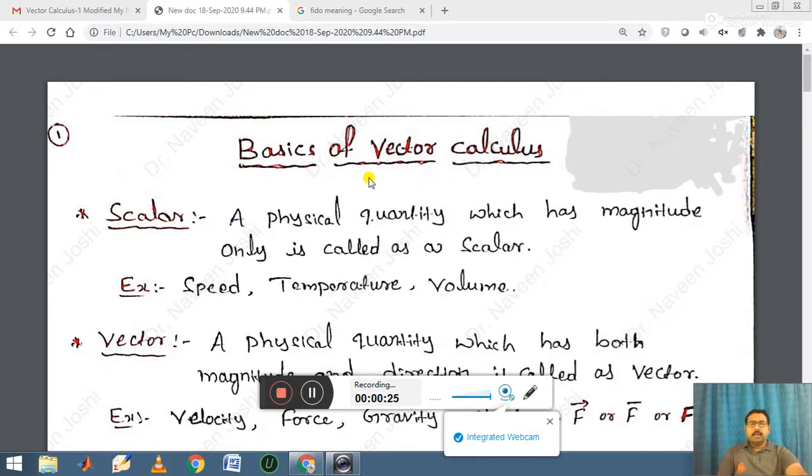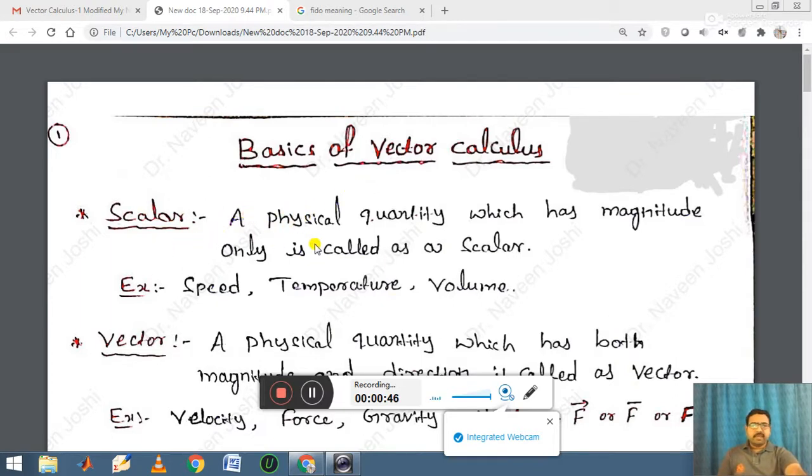Let's revise once. In my previous videos I explained what vectors and scalars are, the definitions of scalar and vector with several examples, and how to add, subtract and multiply vectors. Now let us revise quickly.